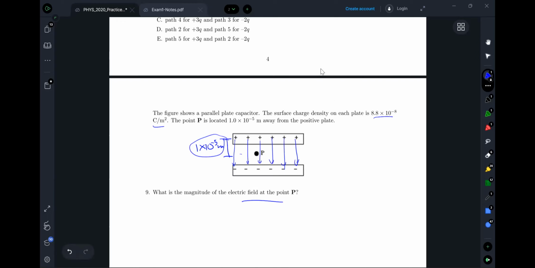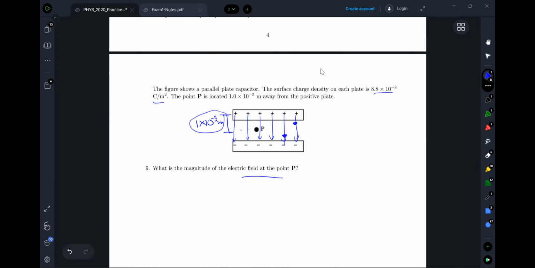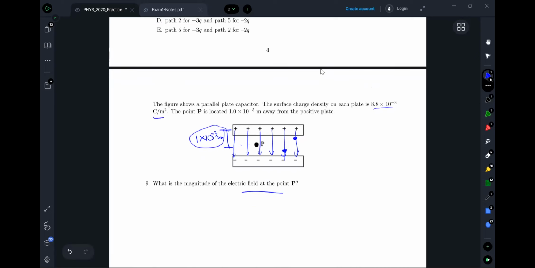So it doesn't matter whether this charge is here or down here, somewhere else up here. It's still going to be the same electric field at any of those points. Now, if we're talking about the force on a charge, that depends on the charge that we put at one of those points. If we're talking about the electric potential at different points, then that does matter where we are.